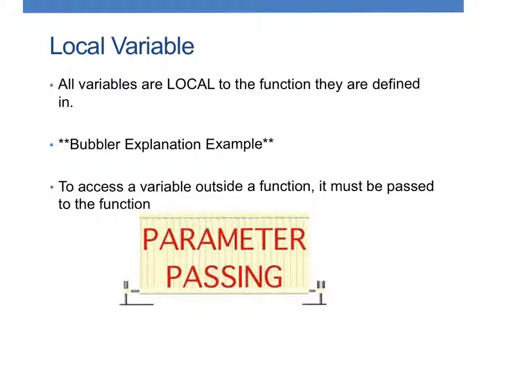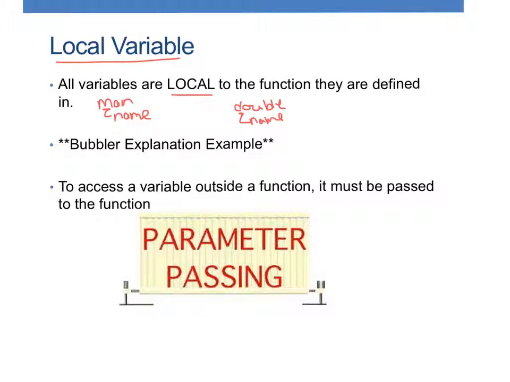So the types of variables that we saw on the previous screen are called local variables. And they're called local variables because they are local to the function that they are defined in. So for example, in the main function, we had a variable called name. That variable was local to main, while in the double function, we had a variable called name as well, and that was local to double.